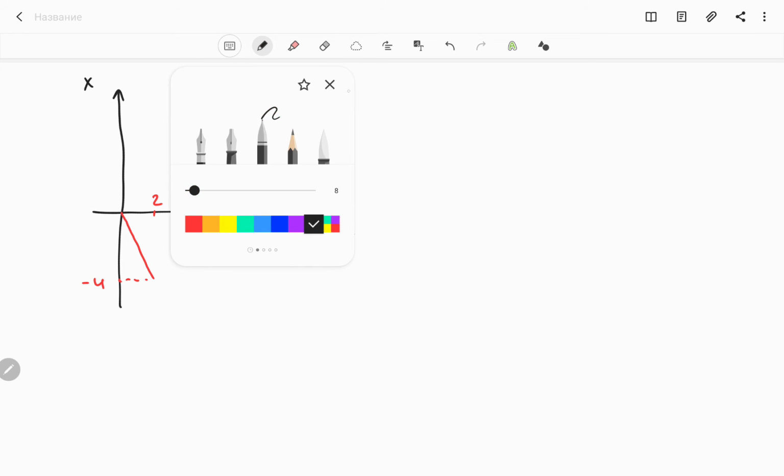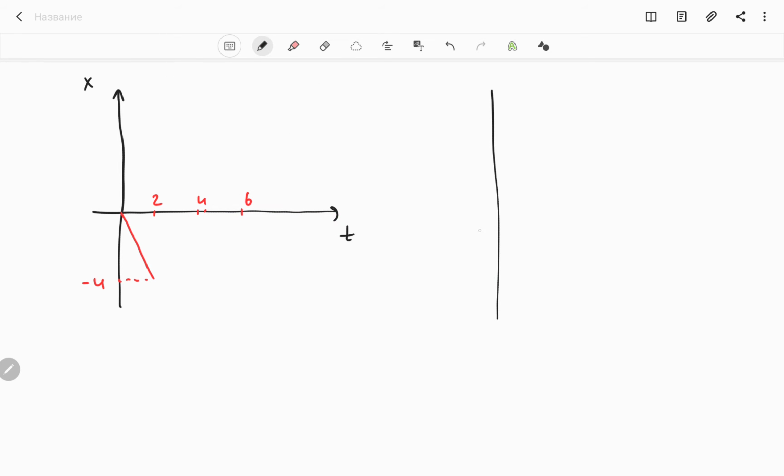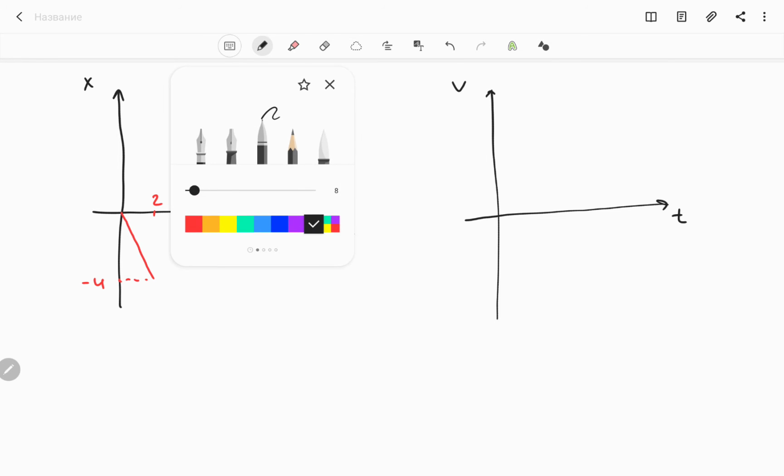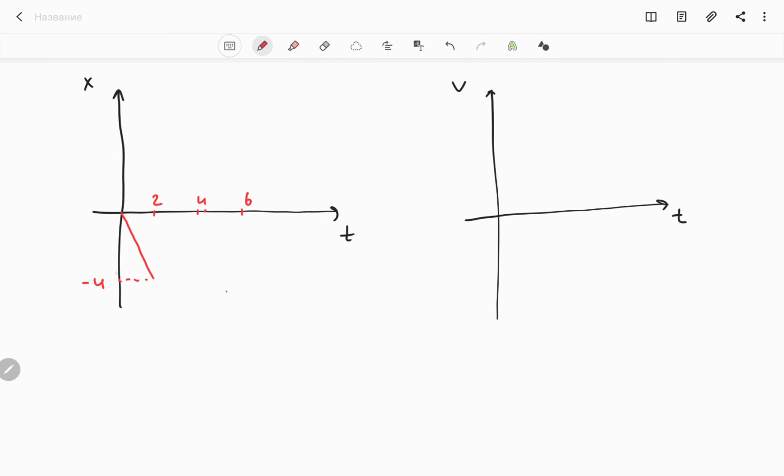So let me draw, parallel to this one, the velocity time graph. This was the first question. So we know that during the initial 2 seconds, velocity was negative and equal to 2. So we can draw this kind of line, and we know this is a uniform motion, so velocity should not change. It should be constant. So here, for the initial 2 seconds, velocity was equal to -2.